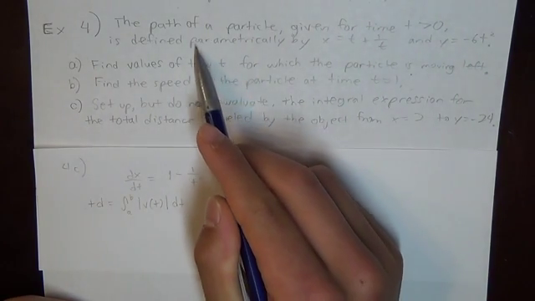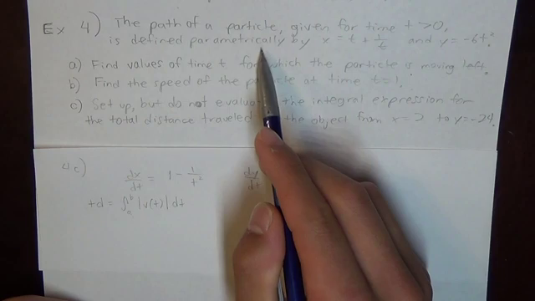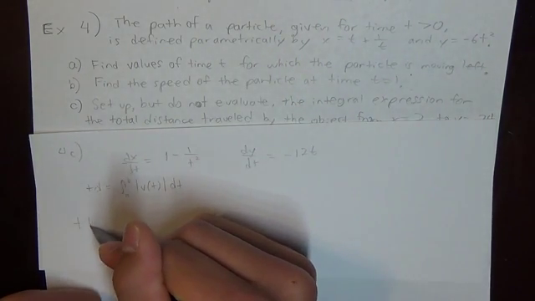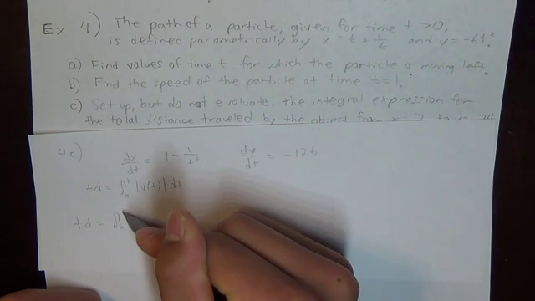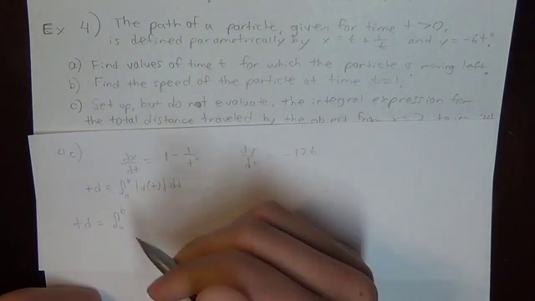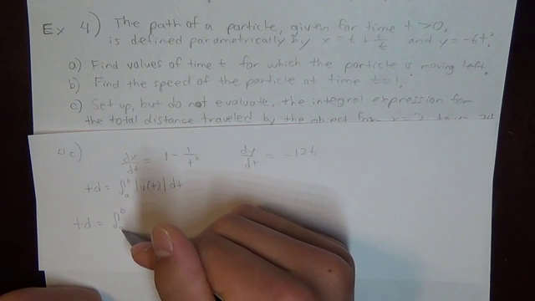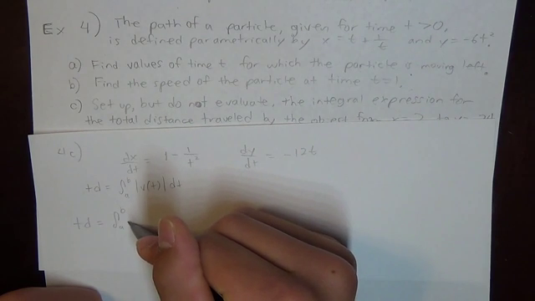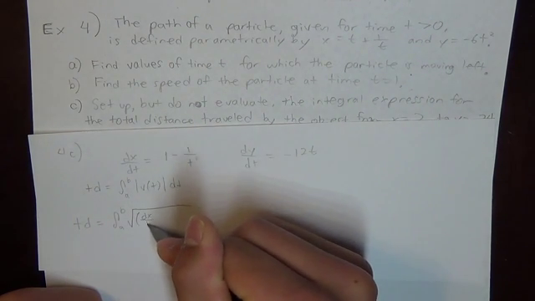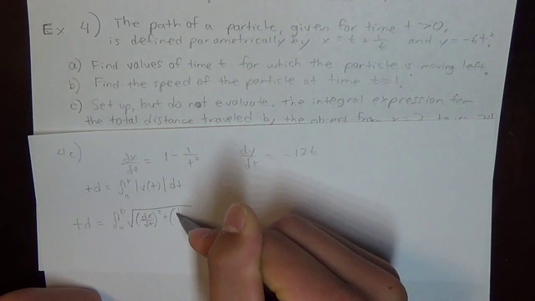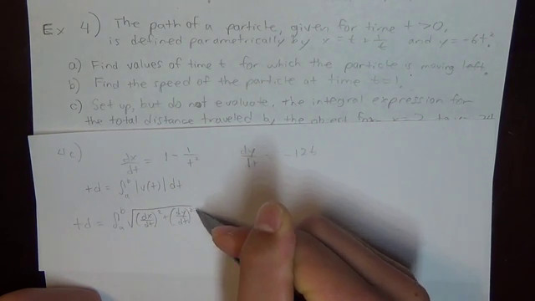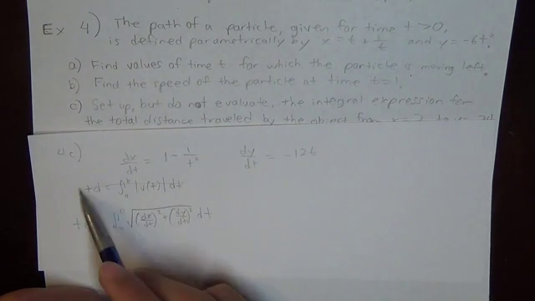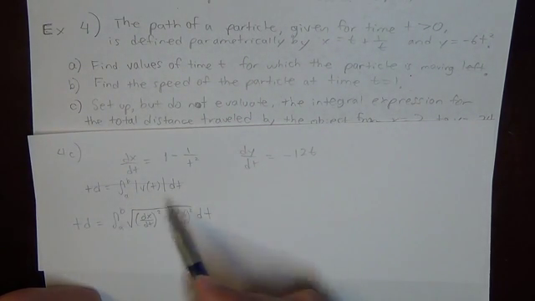But for number 4, it says parametrically, and the formula for total distance for a parametric equation, which you probably want to remember, is the integral from a to b, these are time t values, of the square root of (dx/dt) squared plus (dy/dt) squared dt. So we're not going to use the first formula because we have to use this one for parametrics.